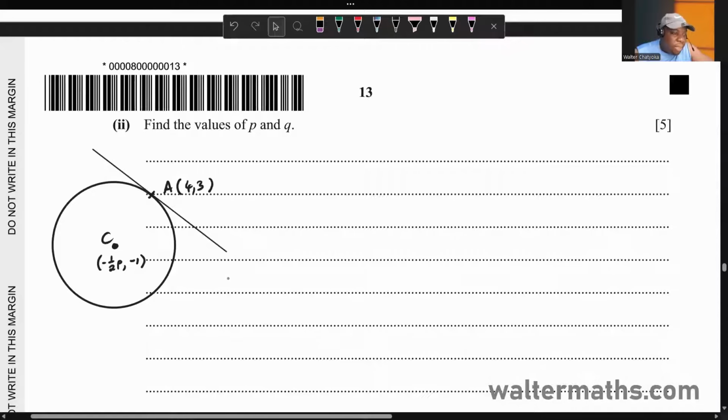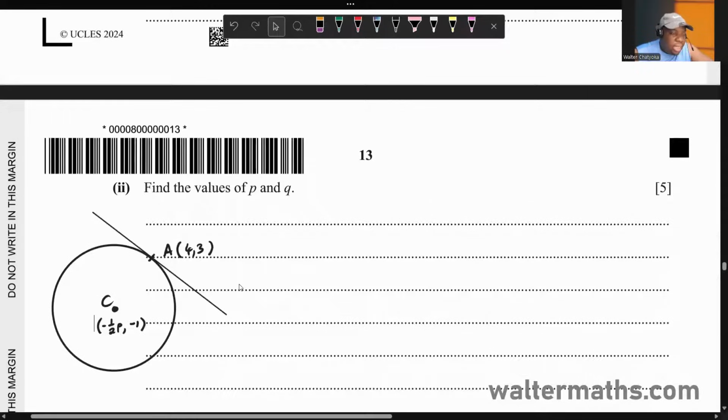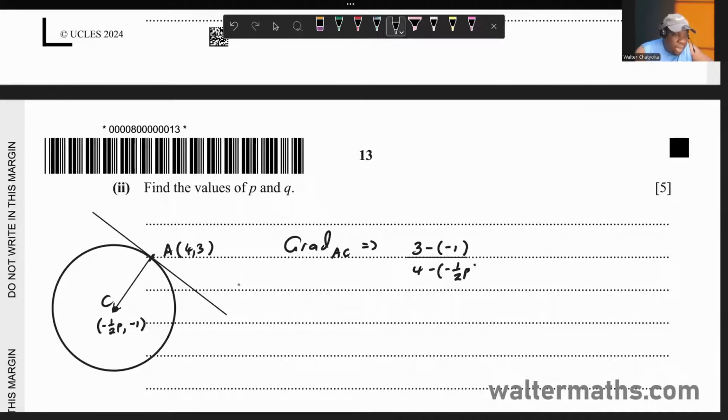And with this, we can find the gradient of AC. The gradient of AC is equal to (3 − (−1)) over (4 − (−½p)).